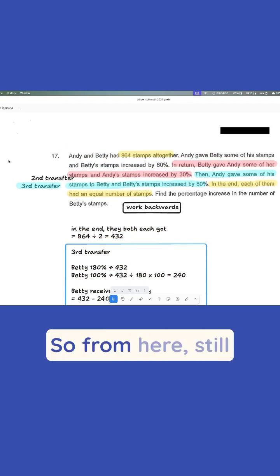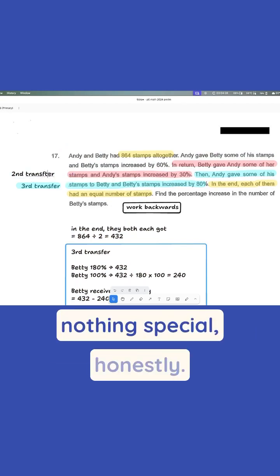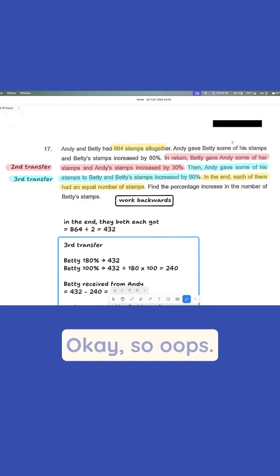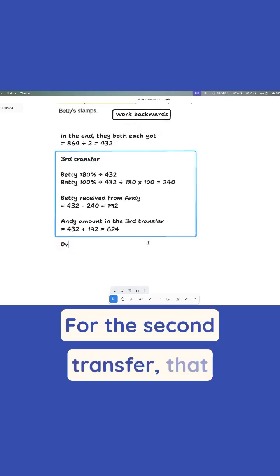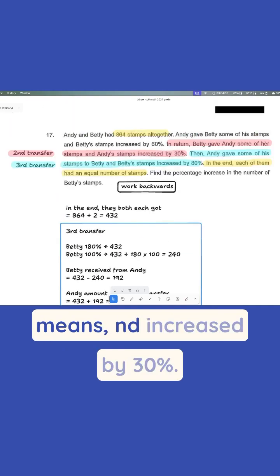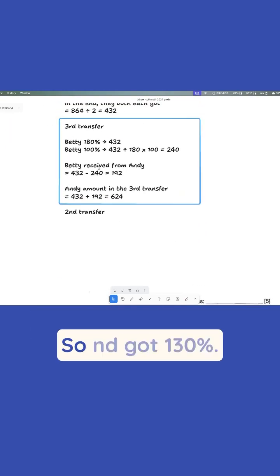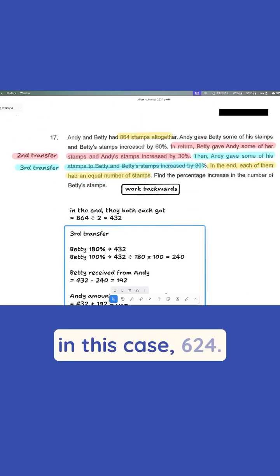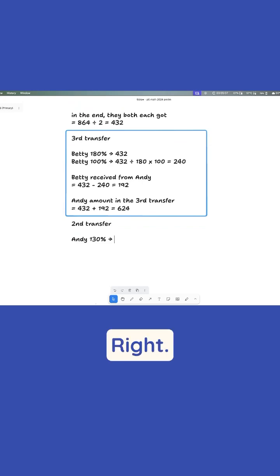For the second transfer, Andy increased by 30%. So Andy got 130%, and this is equal to 624.